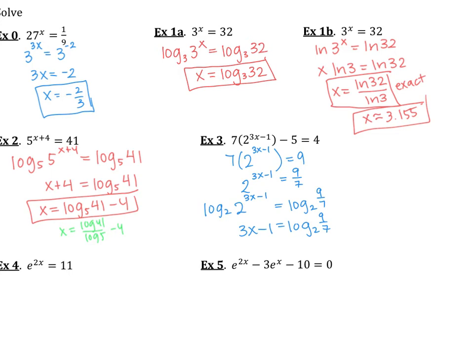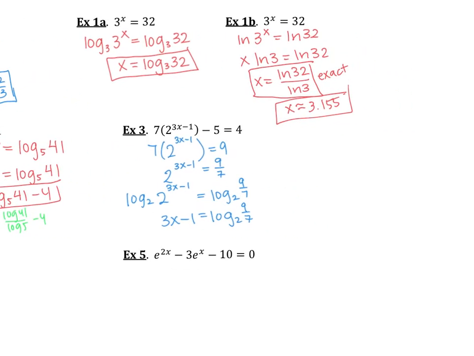Okay, now I'm just going to rearrange this till I can isolate the x. Okay, so I'm going to add the 1 over to the other side. 3x equals log base 2 of 9 over 7 plus 1, and then I'm going to take 1/3 or divide by 3. Okay, I divided both terms by 3.